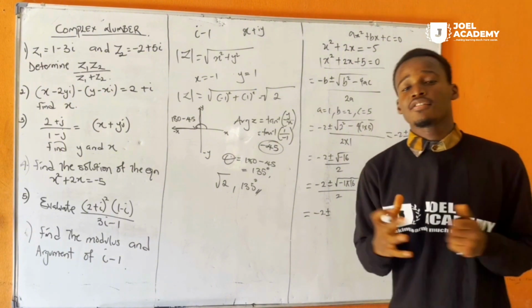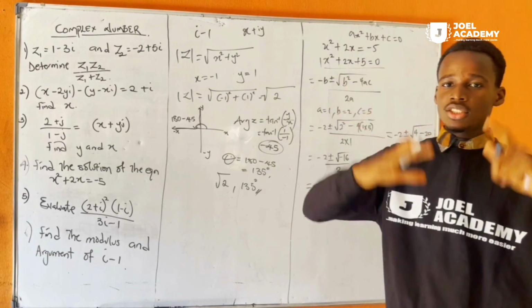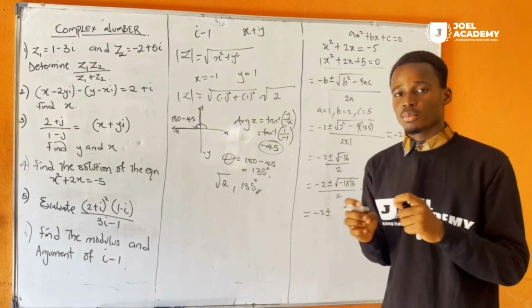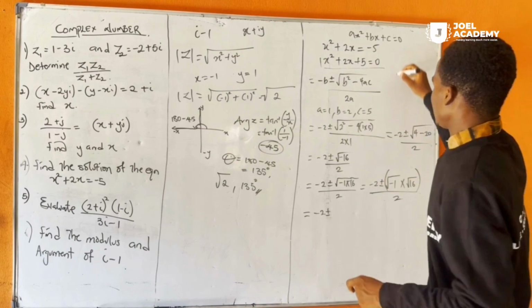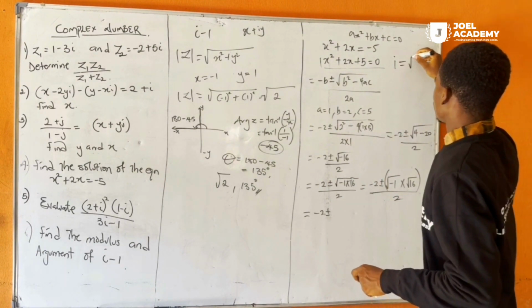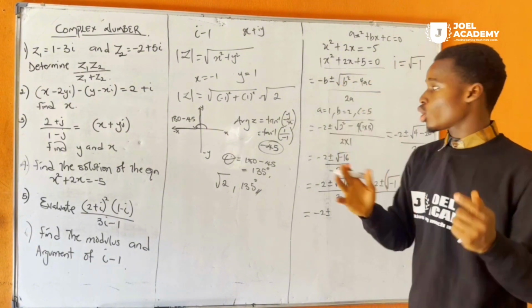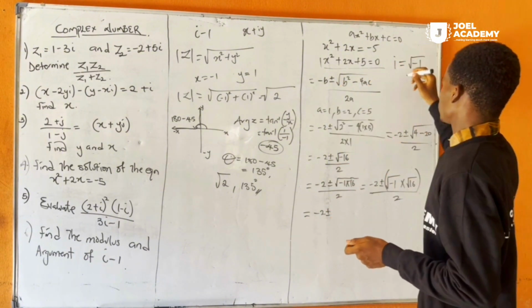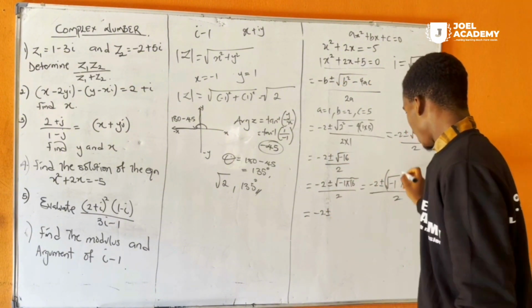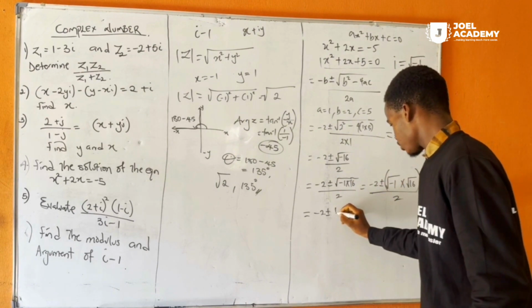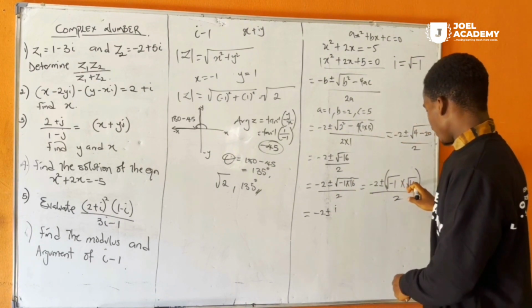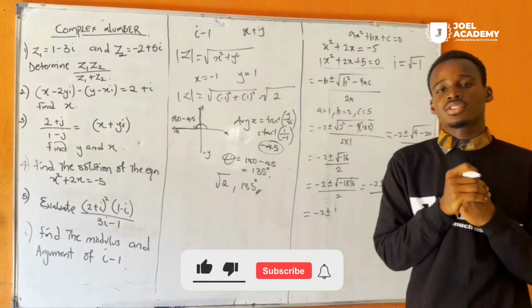From the idea of complex numbers, you know, we did a playlist where we dealt with the basics of complex numbers. We noted that i is equal to the square root of minus 1. i or j, depending on the context, is equal to the square root of minus 1. So since we have minus 1 here, we'll be having i, and then times square root of 16. What's the square root of 16? 4.